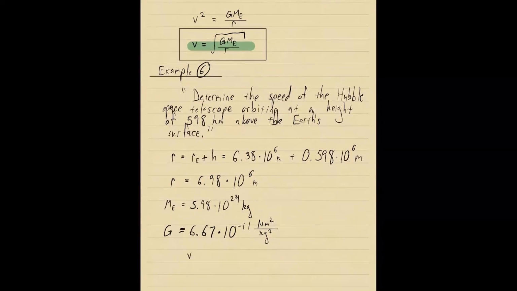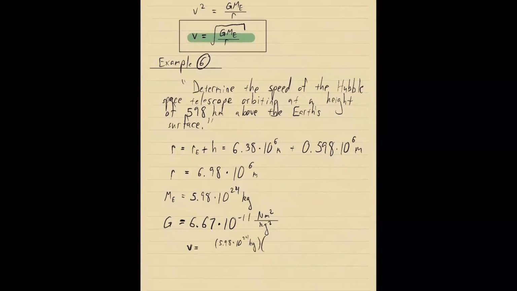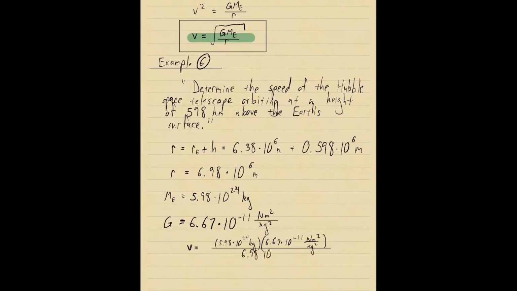So if we want to figure out the speed of the Hubble Space Telescope, it's going to be equal to the square root of the mass of the Earth, 5.98 times 10 to the 24 kilograms, times Newton's constant G, 6.67 times 10 to the negative 11, with some units, all divided by the radius of 6.98 times 10 to the 6 meters, and all of that is under the square root sign.